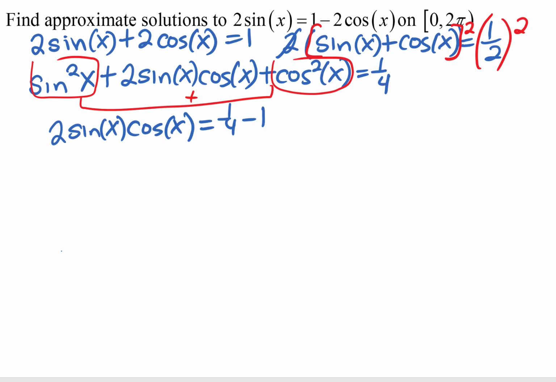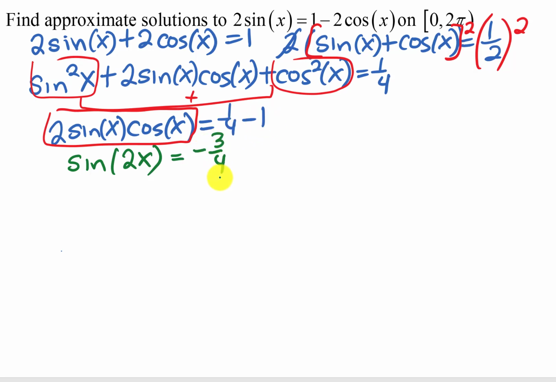The left hand side's kind of crying out to me that I could use a double angle identity on that, so I'm going to do that. I recognize that as sine 2x. Now the right hand side will be 1/4 minus 4/4, so minus 3/4. Well, now we are down to a trig equation that we can solve, sine 2x equaling negative 3/4.